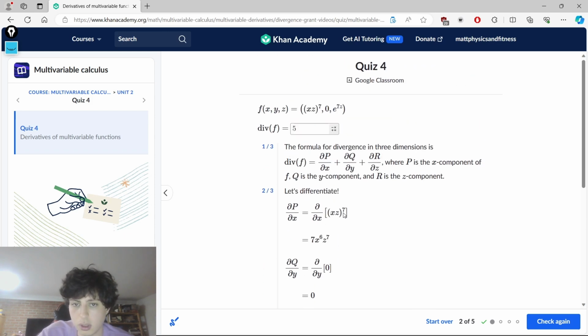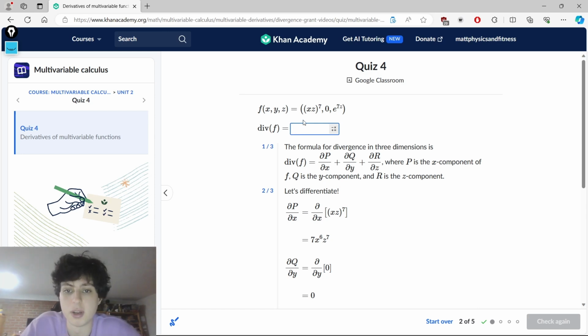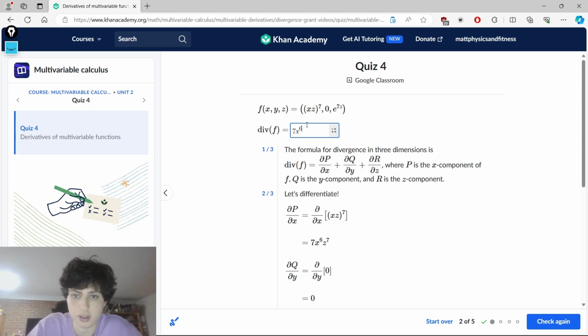I'm slacking a little bit. Here I made a mistake. You can just easily separate this to x to the 7th times z to the 7th. Makes it a lot easier. And then you can just treat z to the 7th as a constant, to be honest. That's nice. 7x to the 6th, z to the 7th. I didn't even think about it like that. Y component is 0 plus 7e to the 7z.